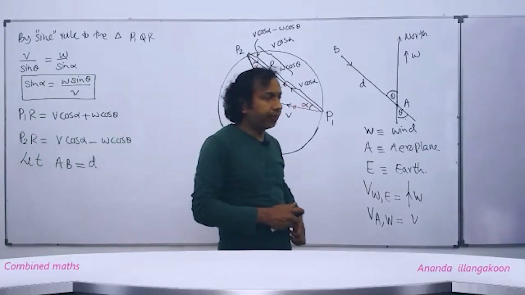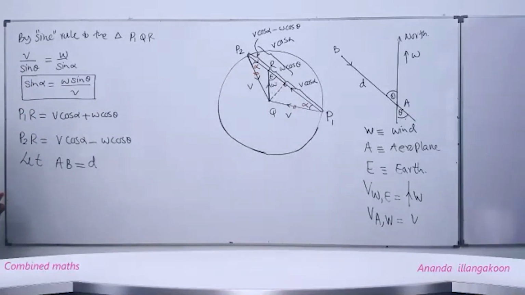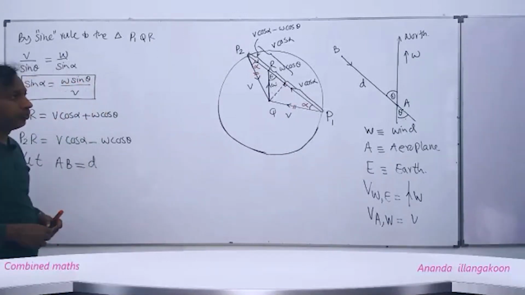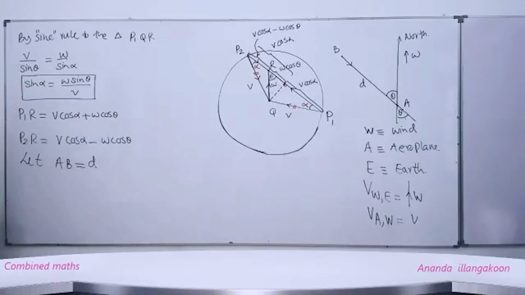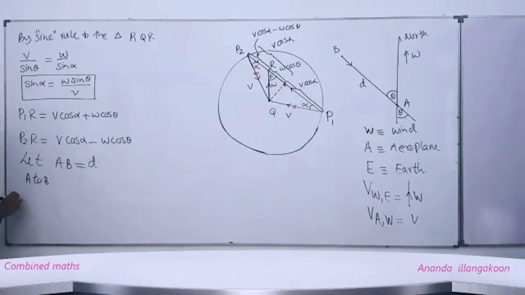Now write down the time taken by the aeroplane for the journey from A to B. I'm going to denote that time as TAB.